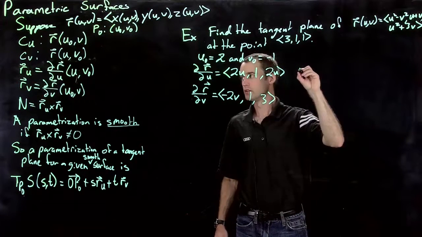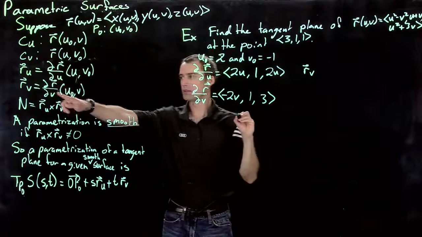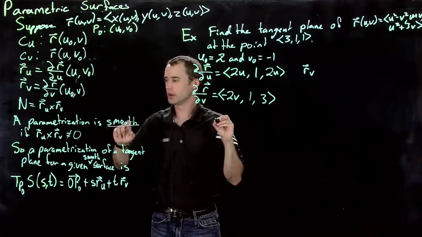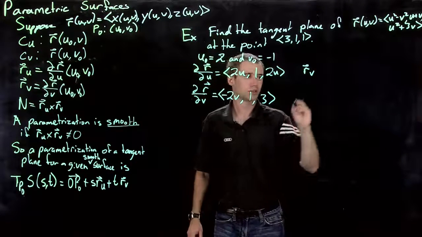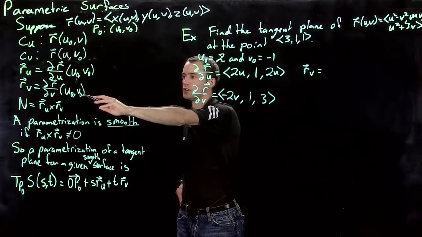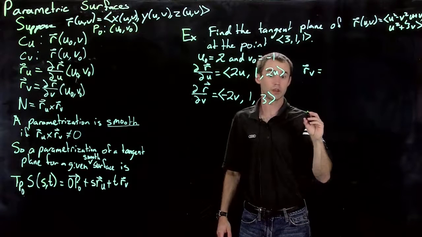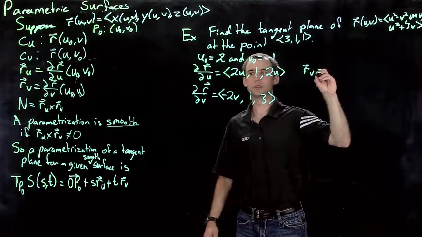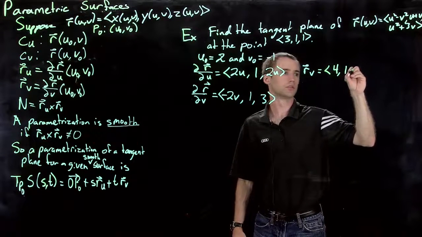So our r_u is the partial of r with respect to u evaluated at u0, v0. So we have r_u is (4, 1, 4).